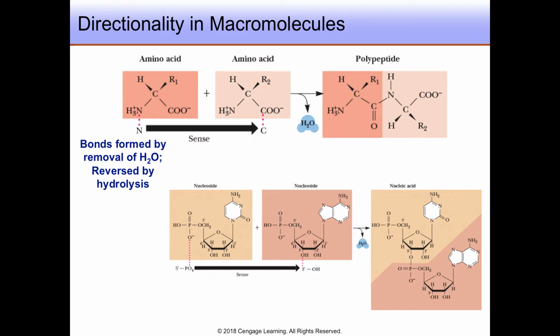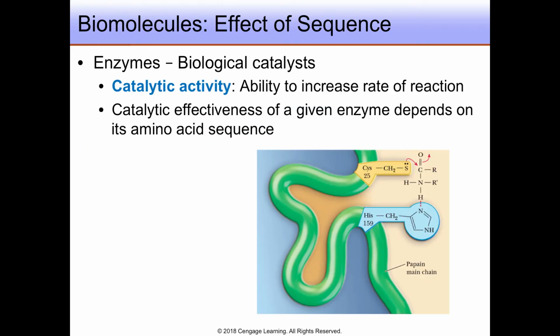That is to say, the two ends of the polymer are unique, whether we're looking at the N to C terminus in proteins or in the 5' to 3' direction in DNA and RNA. Notice that combining monomers to form bonds within the polymer results in release of water, a process that is reversed by hydrolysis, lysis by hydro, that is by adding water.